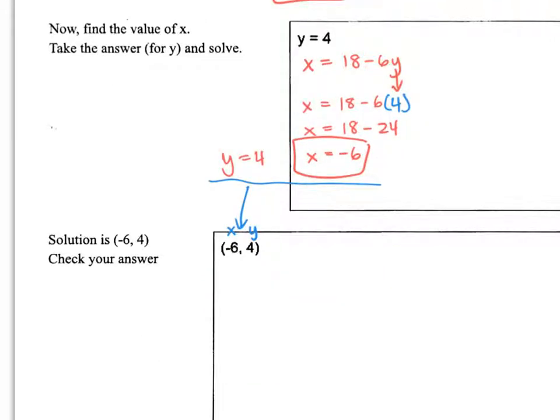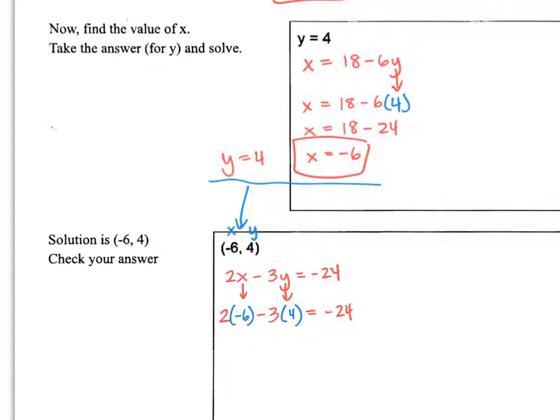Then I'm going to use the other equation, 2x minus 3y equals negative 24, and I know what x and y are. x is negative 6, y is 4. So we're going to change the x to negative 6, the y to 4. It looks like this: 2 times negative 6 minus 3 times 4 equals negative 24.